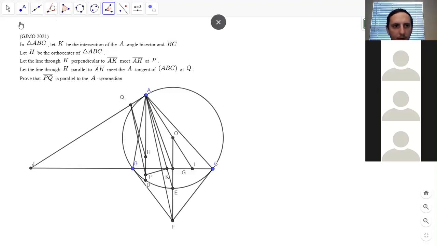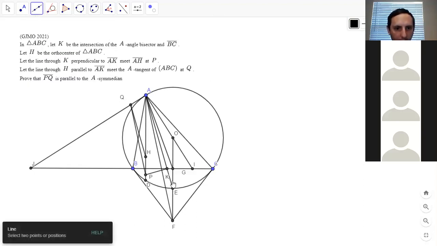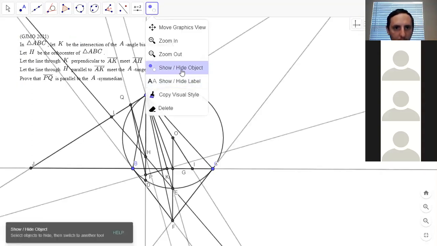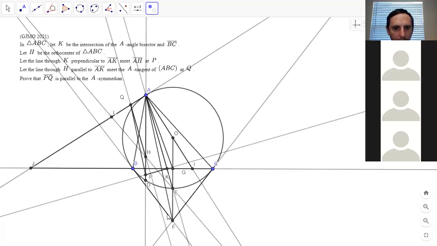Let me draw that point in one more time, just to see if we can say anything about it. Because that seems like an easier problem: show that EH and FP meet on the tangent.